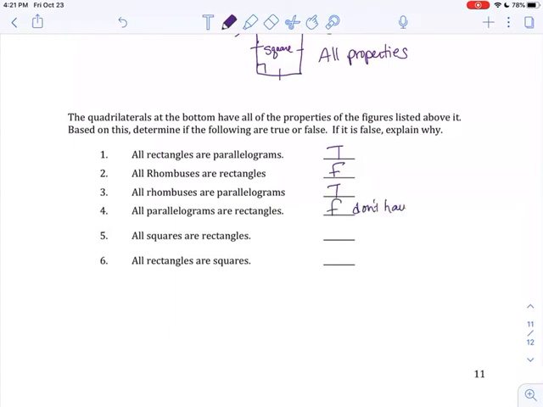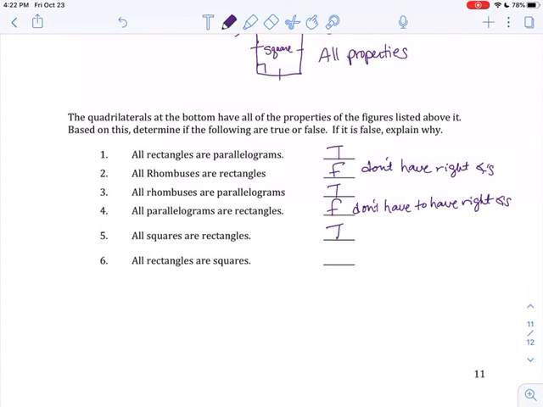So all parallelograms are rectangles is false. Why? They don't have to have right angles. And the same reason for 2. I didn't write the reason. They don't have right angles.